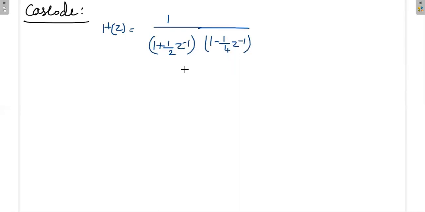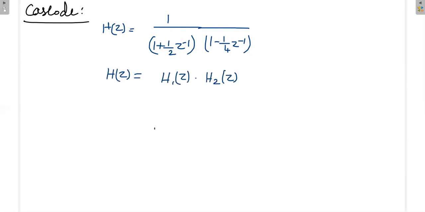We know that cascade means the output of one system will be connected to the input of the next system. So that means H of z, we can write as H1 of z simply multiplied with H2 of z.